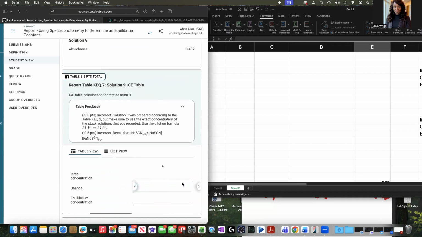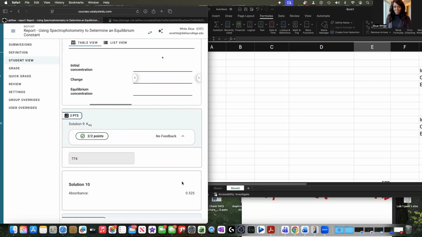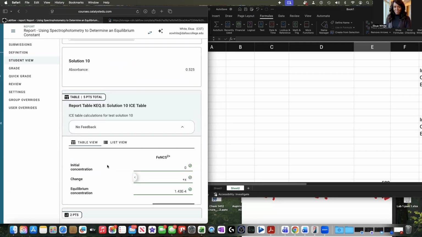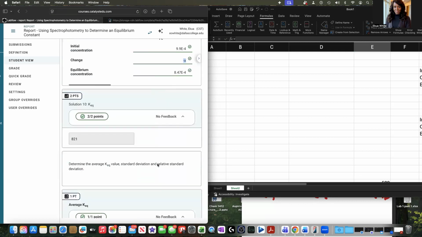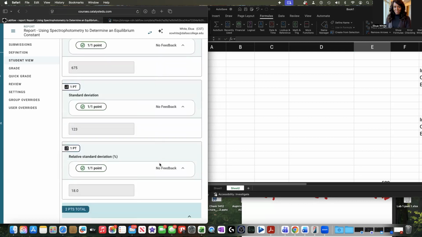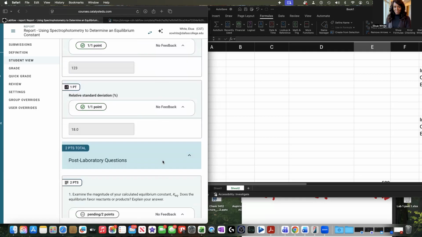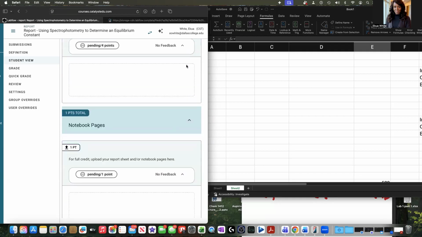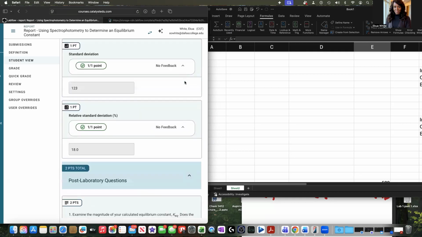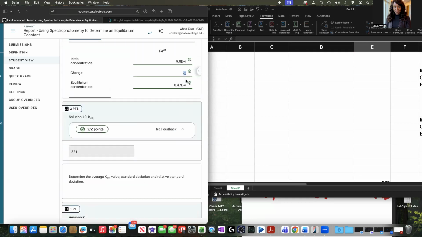So the initial amount here is wrong. Let me see the rest of it. And how did that throw my numbers off? A lot. This number here looks right. Okay. All these numbers look right. Oh, great. So only that one point is off. Guys, this is pretty much it. Only that one number is off, but everything else should be correct.